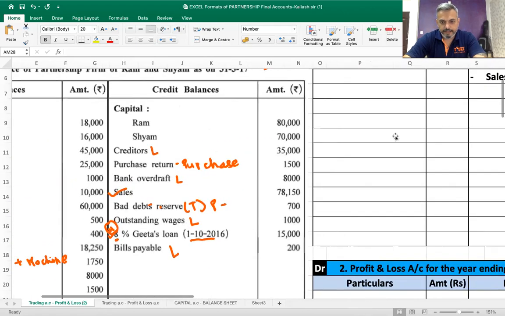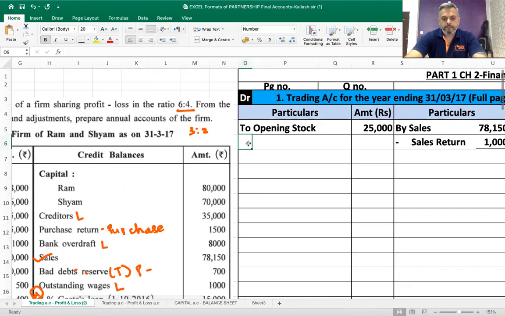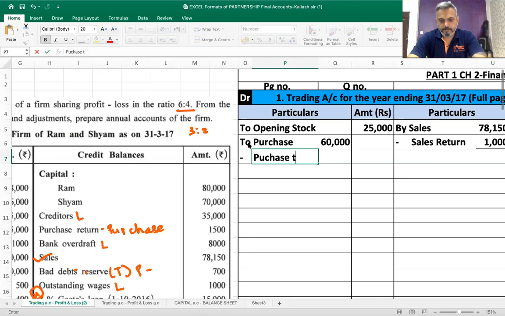We will do it together. Minus purchase return 1,500, 58,500.